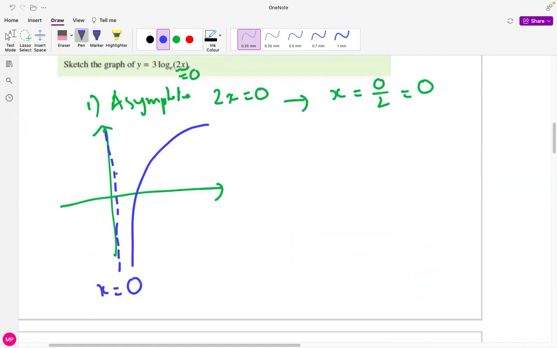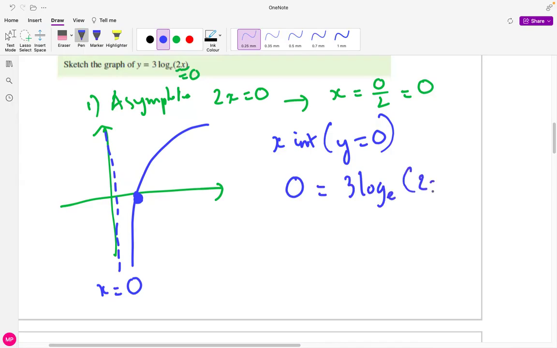All right. So it doesn't cut the y-intercept, sorry, it only cuts the x-intercept. So we're going to find that. For the x-intercept, you let y equal 0. So 0 equals 3 log a of 2x. Then you solve for x. There's a 3 here, so you divide by 3 on this side. 0 divided by 3 is 0, equals log a of 2x.